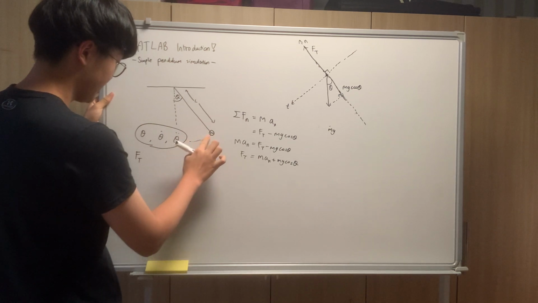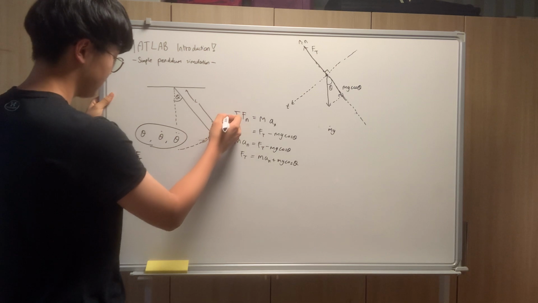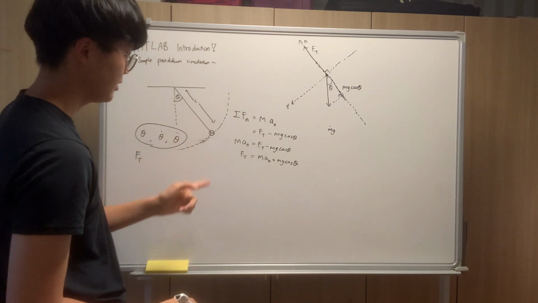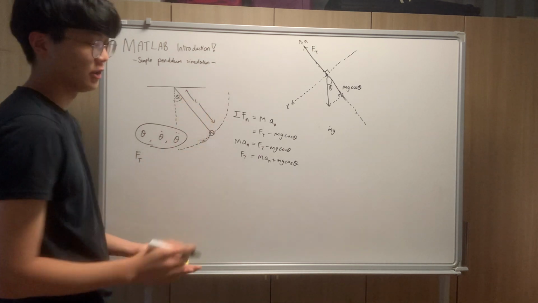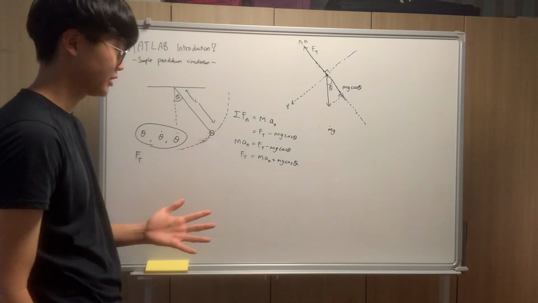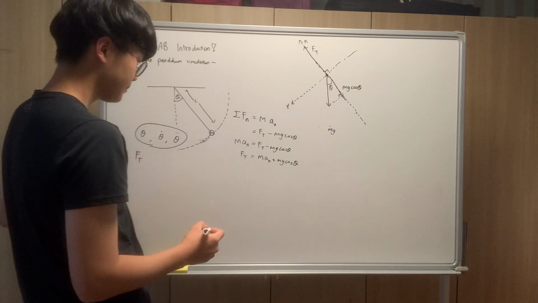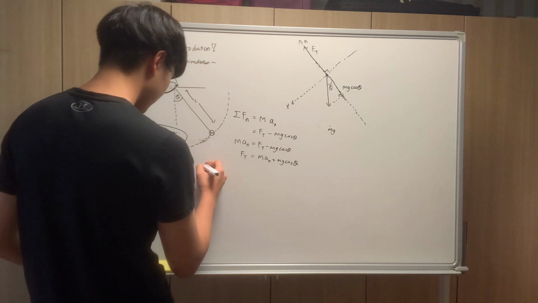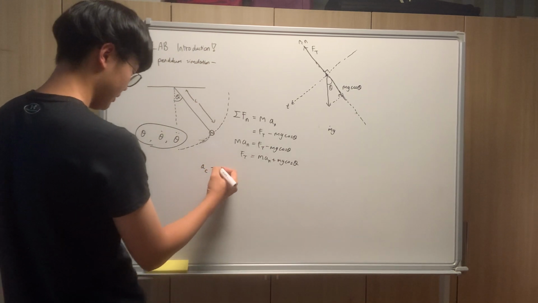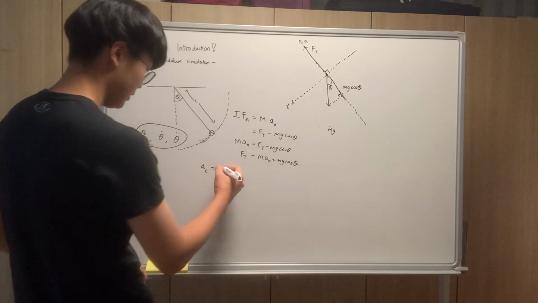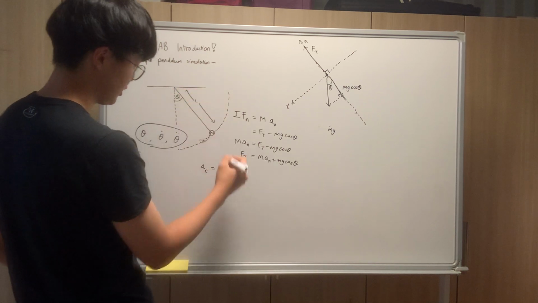After all, the path taken by the mass is basically a circular path, in which the radius is constant. And therefore we learned that acceleration in the centripetal direction is going to equal v squared over r. And in this case, r, the radius, is equal to L.